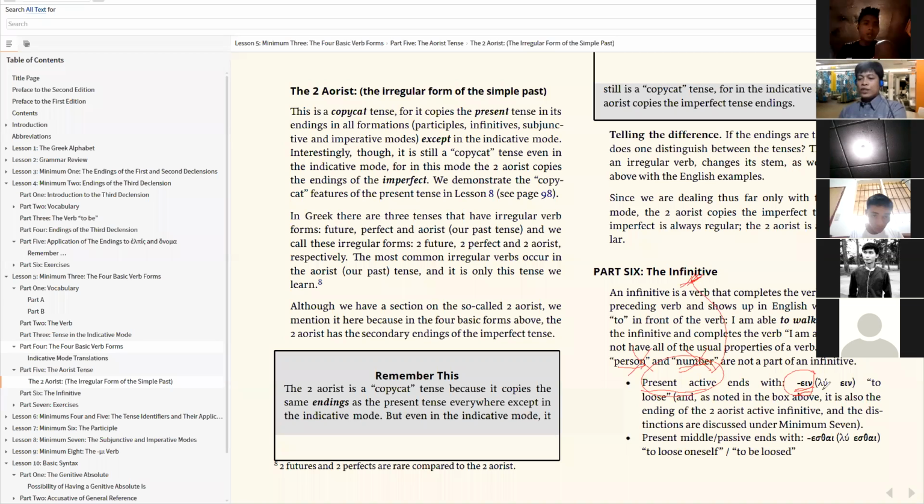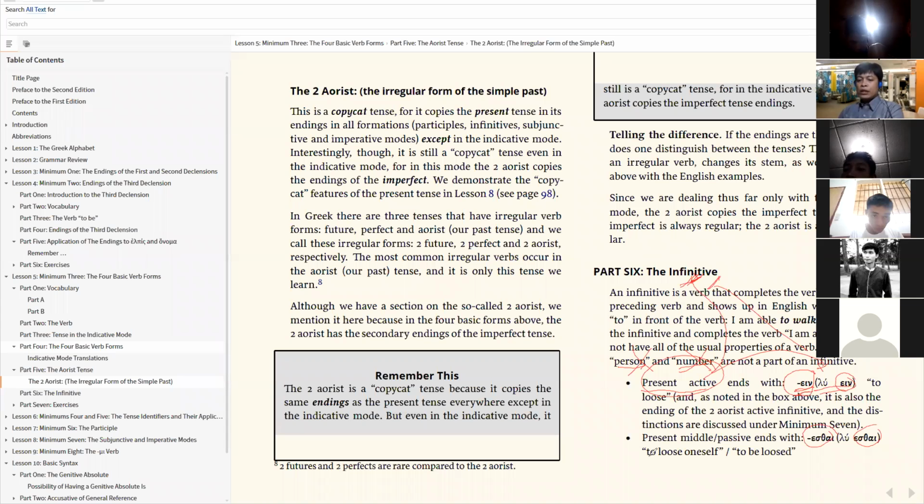So for example, you have luein, and then you have the ending -ein. That means this is a present active infinitive, and you would translate that as "to loose." And the present middle passive ends with -esthai. Very simple, easy to remember.